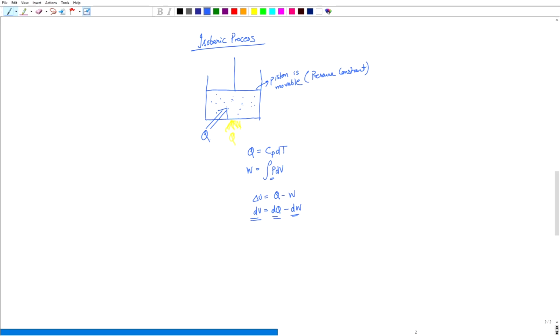From here, dU is nothing but Cv dT, which we defined from the isochoric process. And dQ here is Cp dT.